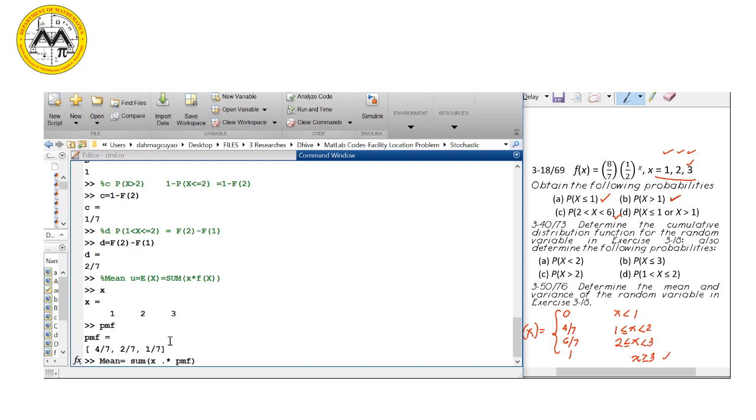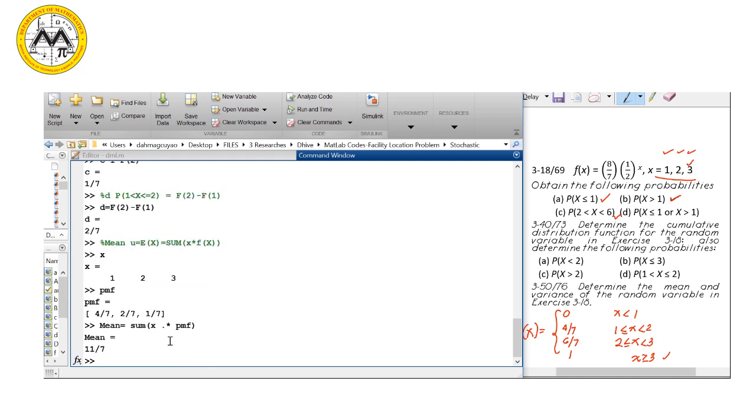So it would be 1 times 4 over 7, plus 2 times 2 over 7, so again 4 over 7, plus 3 times 1 over 7, so 3 over 7. So 4 over 7 plus 4 over 7 is 8 over 7 plus 3 over 7 is 11 over 7. So that is the mean.